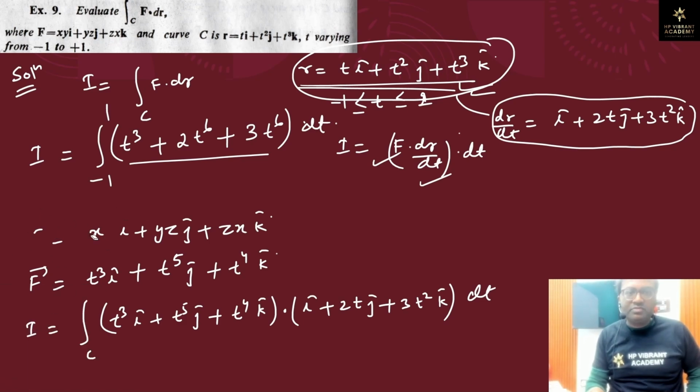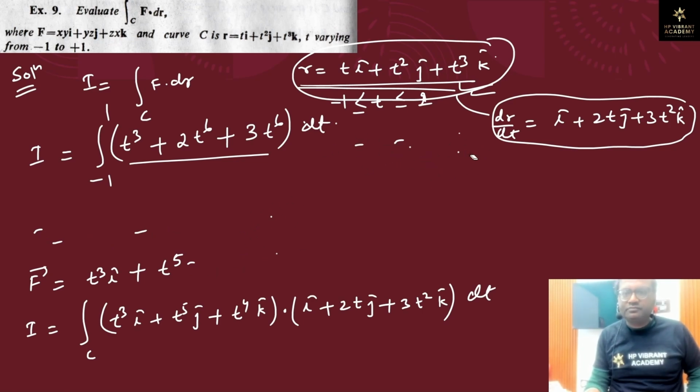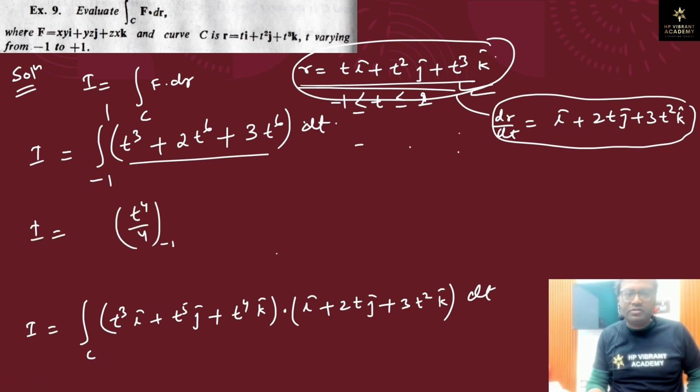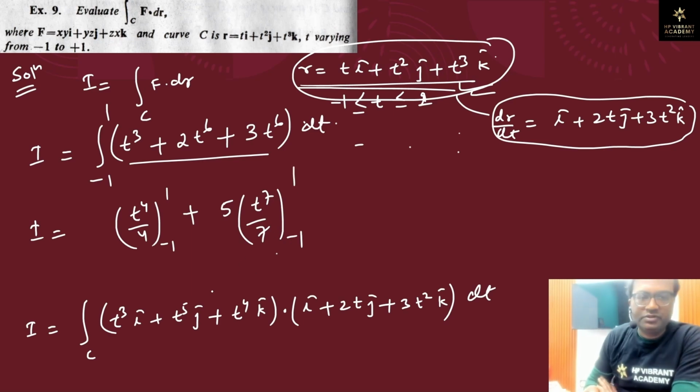So let us further simplify this. So we have I is equal to t^4 upon 4, limit from minus 1 to 1, plus 5 times t^7 upon 7, limit from minus 1 to 1.